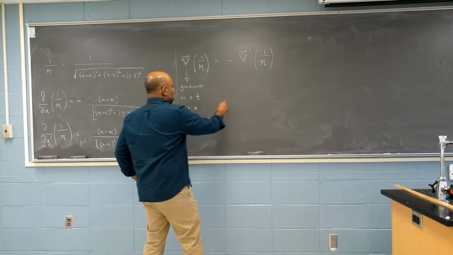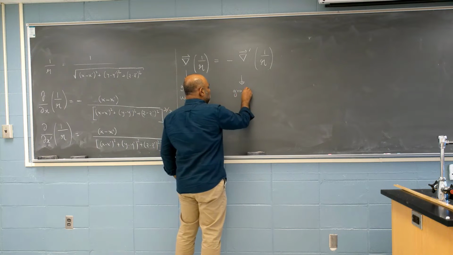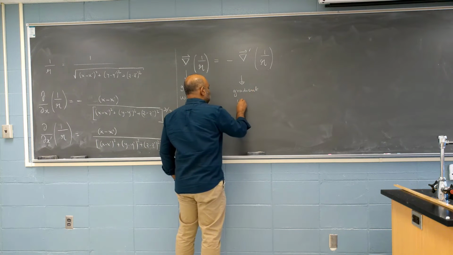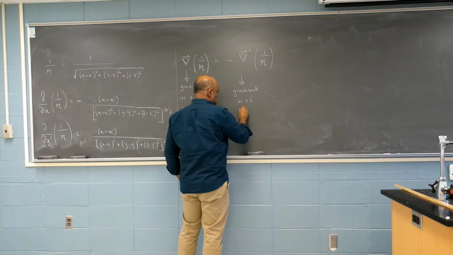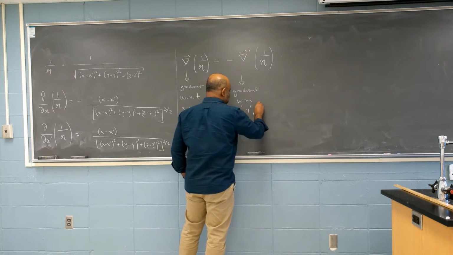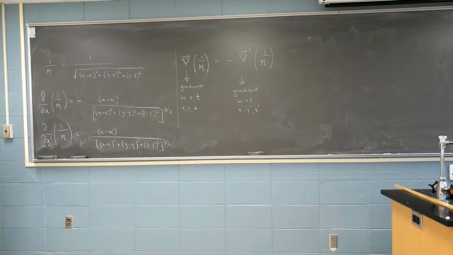So to be clear, this is the gradient with respect to x prime, y prime, z prime. It's a simple fact, a quick fact. It's not very enlightening, but it becomes very handy.